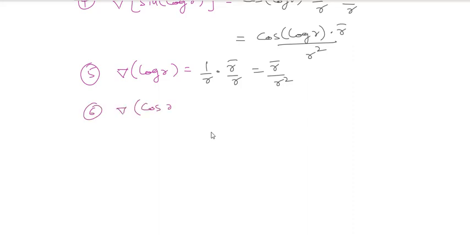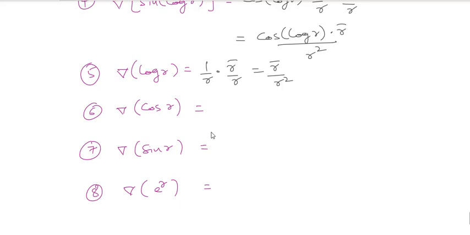Then can you tell me what is del of log r? Again, log r means 1 by r into r bar by r, which is nothing but r bar by r square. Next, similarly, del of cos r, del of sin r, then the other one will be del of e to the power of r.